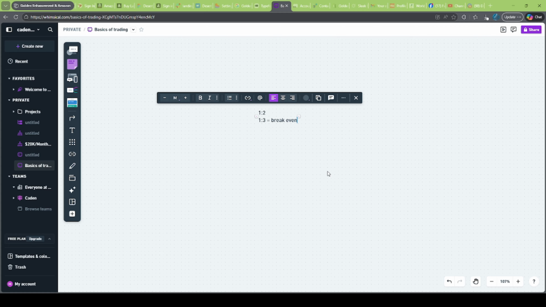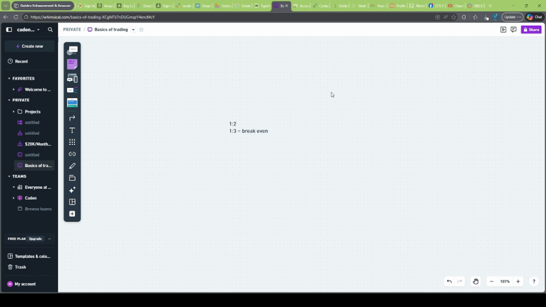This is a measure to take just in case price comes down and goes into profit, or goes up and goes into profit, and it doesn't fully hit your take profit and it reverses on you. If you get stopped at break even, it's a no harm, no foul trade because you're risk free. So anytime my trade goes 1 to 2 or 1 to 3, I'm at break even.